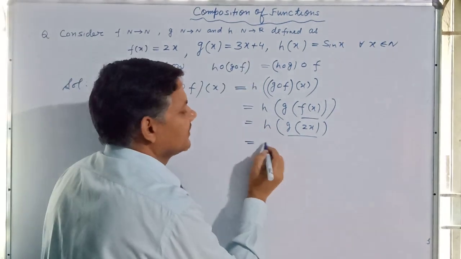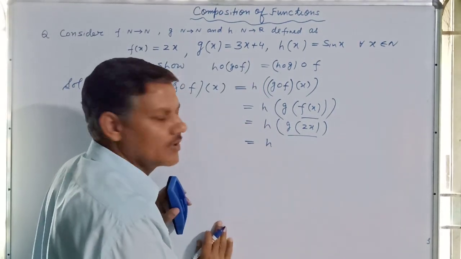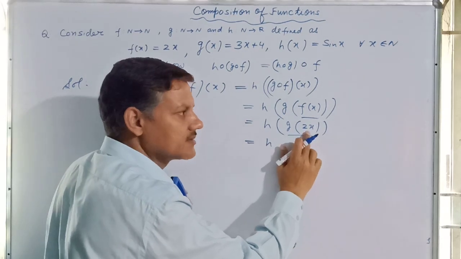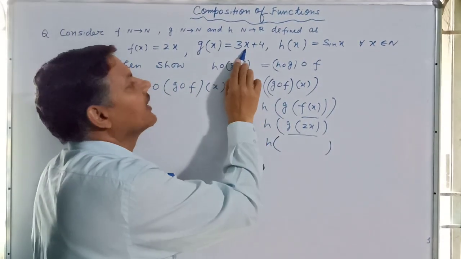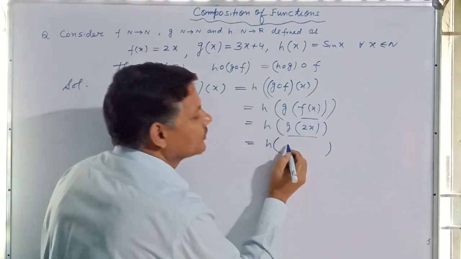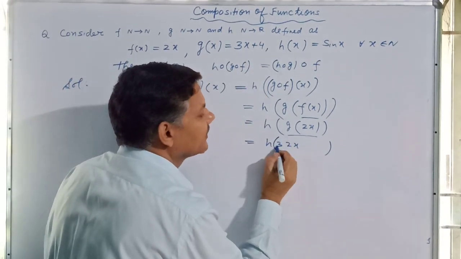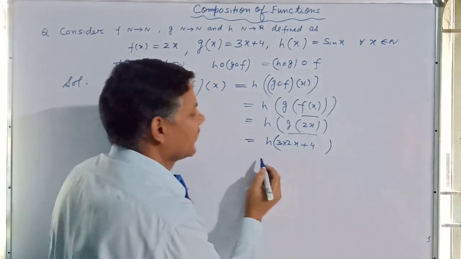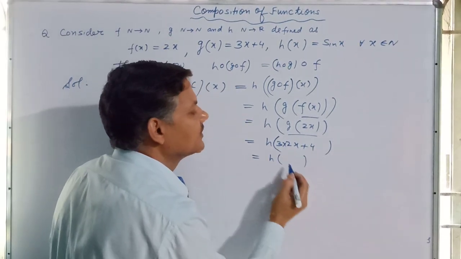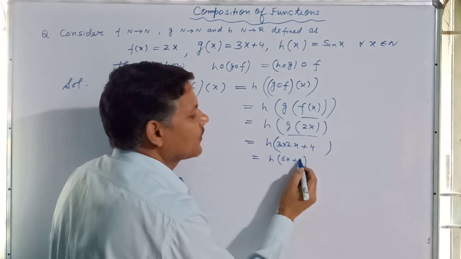So we have to use the image of 2x under g. The element is 2x, and it is multiplied by 3 by the definition of the function, plus 4. Now we get 6x plus 4.